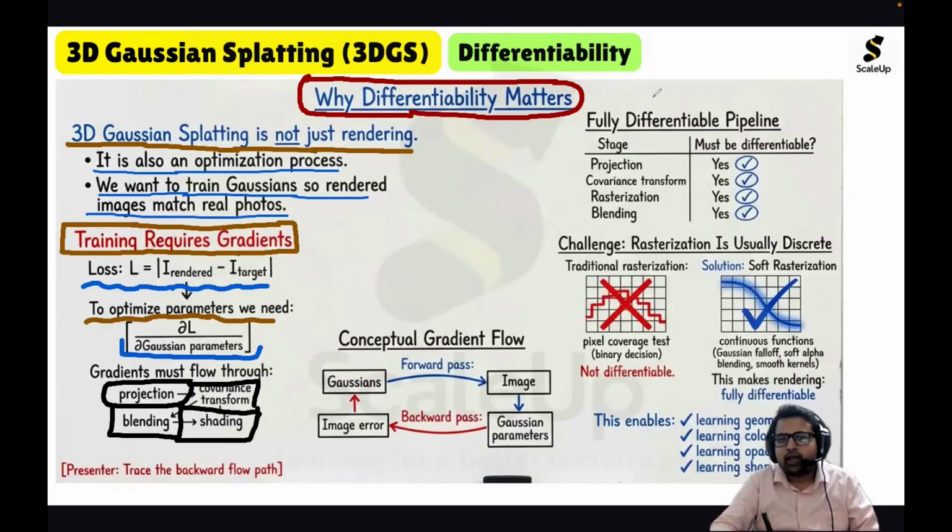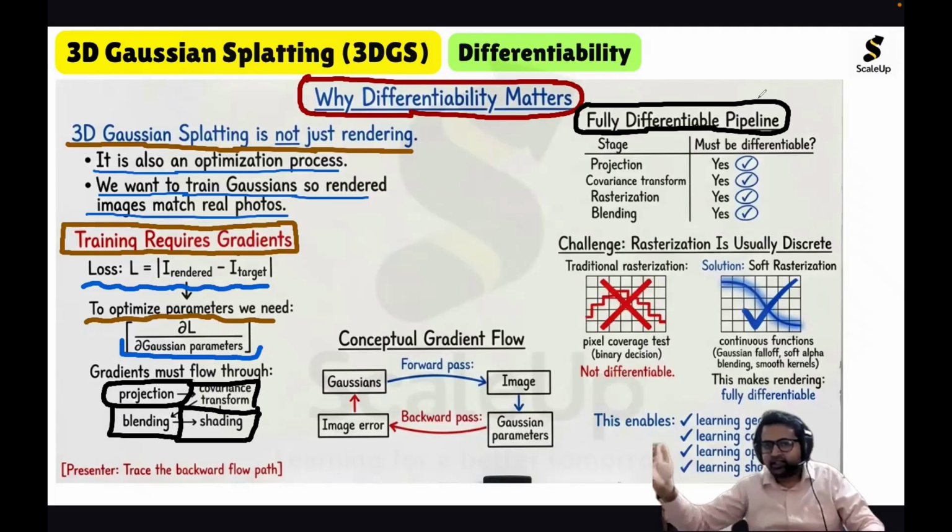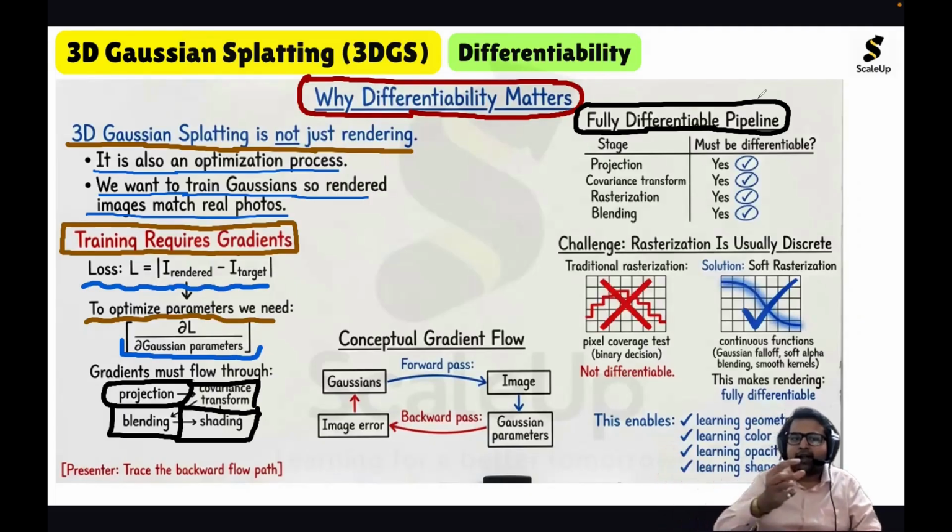And now the goal is to have a fully differentiable pipeline, because in every stage I'll be calculating the gradients. It's not like I start with a 3D Gaussian and only at one stage calculate the gradient. In the projection stage, I'll calculate the gradient.